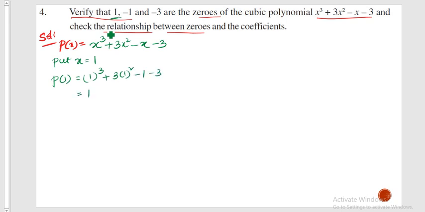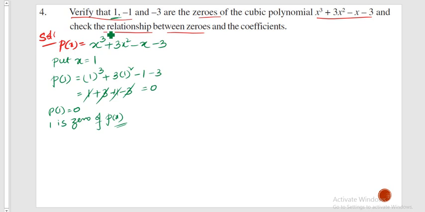If I simplify, 1 cube is 1, plus 3, minus 1, minus 3. Minus 1 plus 1, plus 3 minus 3 get cancelled, which is equal to 0. Since p of 1 is equal to 0, we can say 1 is a zero of p of x.